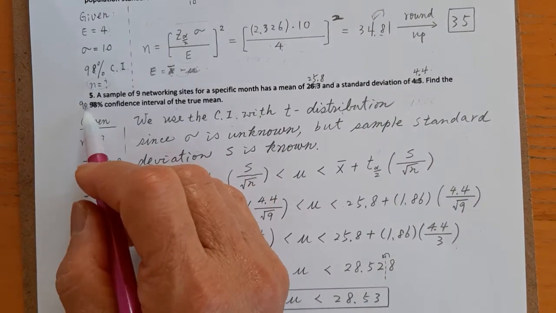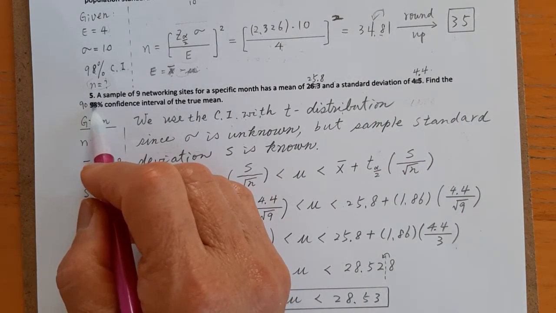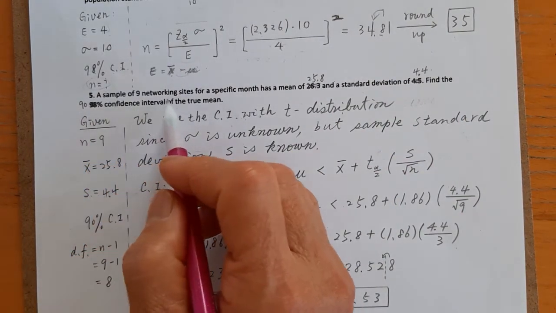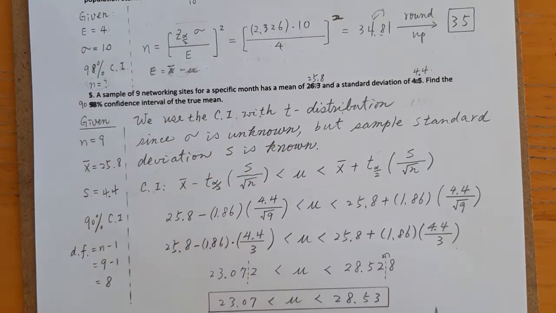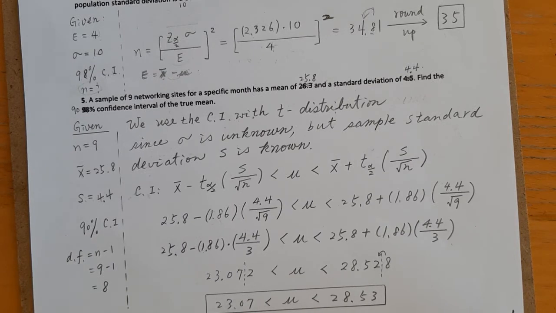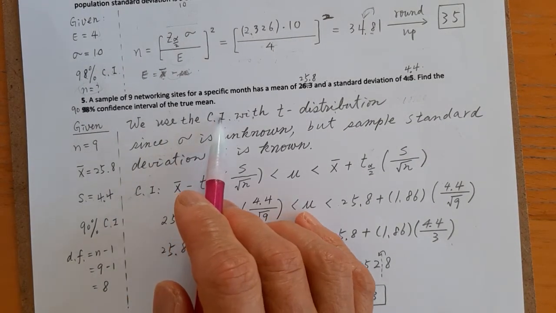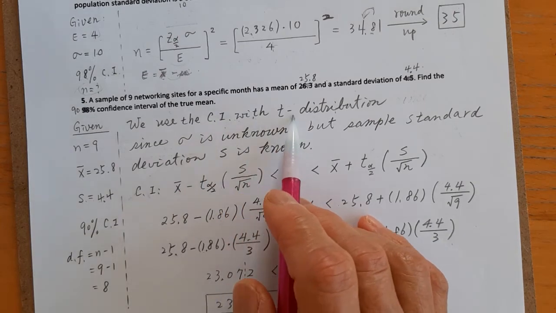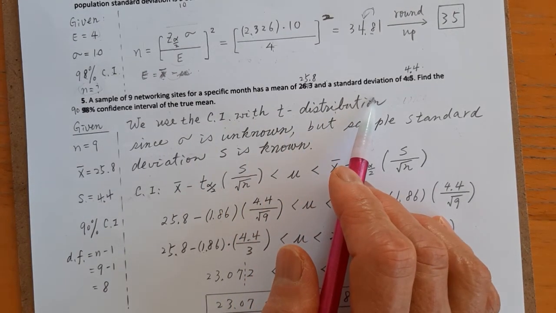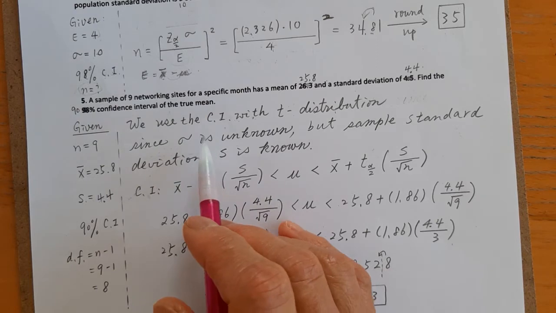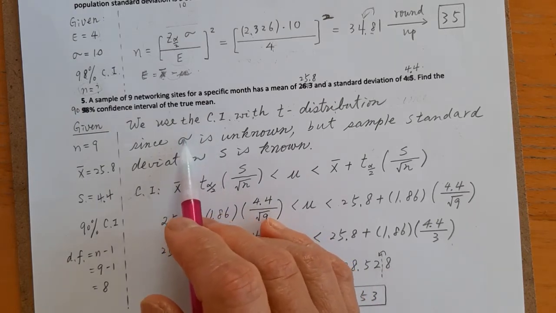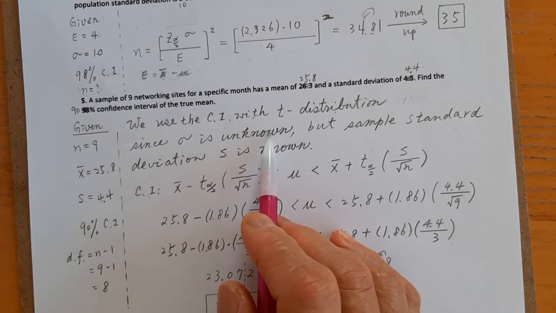Find the 90% confidence interval of the true mean. We use the confidence interval with a t distribution, since the population standard deviation sigma is not given, it's unknown.